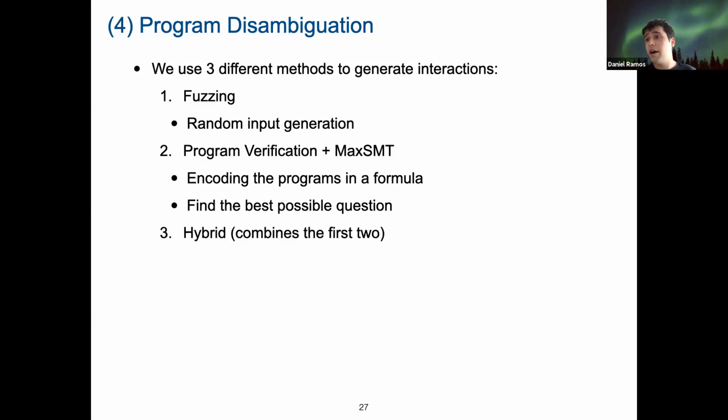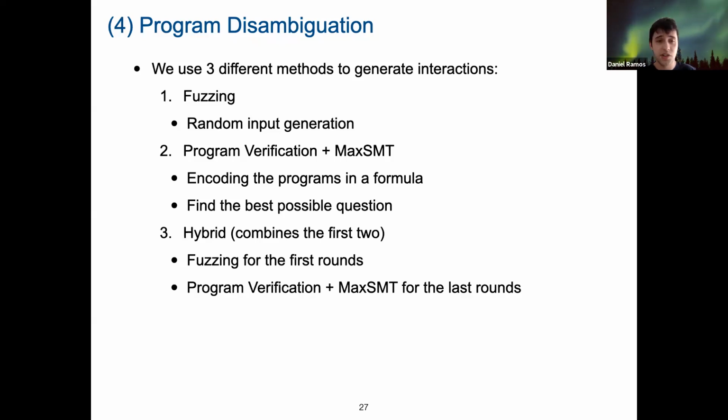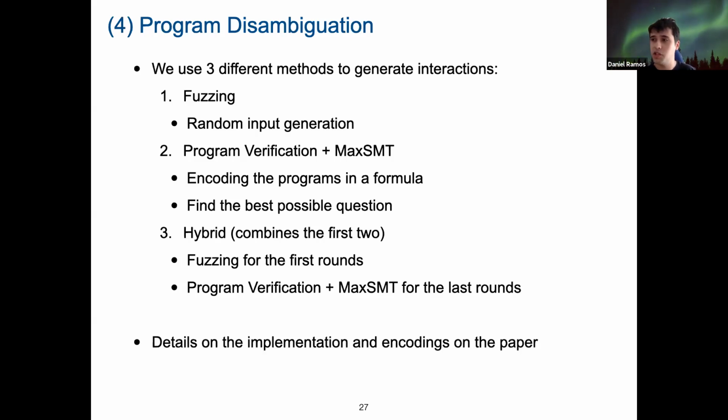Finally, we have a hybrid approach that combines the first 2. We use fuzzing for the first rounds of interaction because it is fast, and we finish with the combination of program verification and MaxSMT for the last rounds because it also gives us some theoretical guarantees regarding the optimality of the questions. And there are details on the implementation and encodings in the paper.